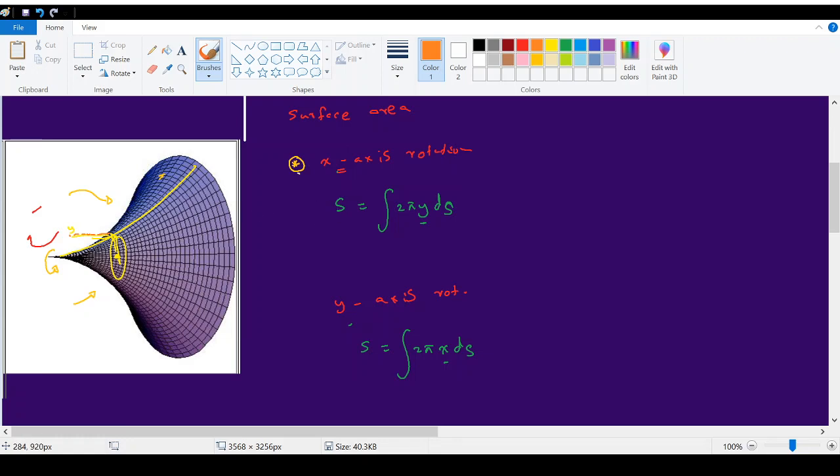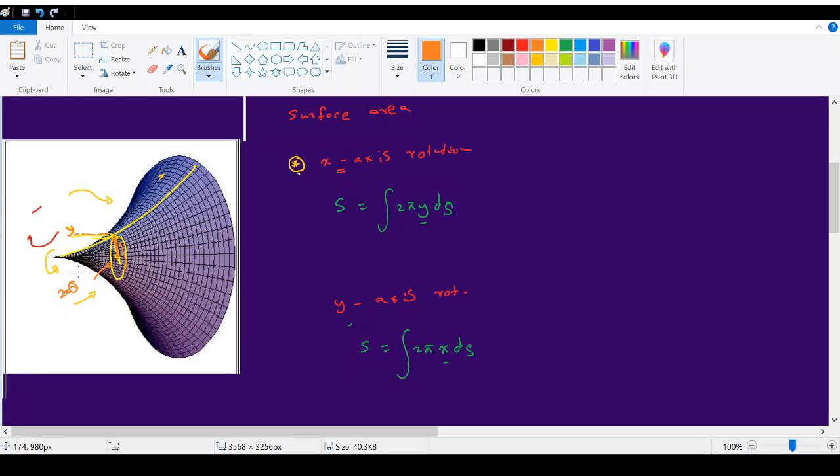To compute the circumference of this circle, we need 2 pi r, and for r you have the particular y coordinate at this position, because that coordinate represents the radius of this circle at this instant.